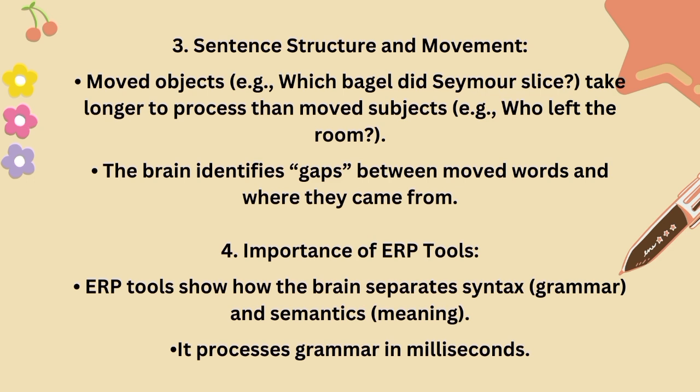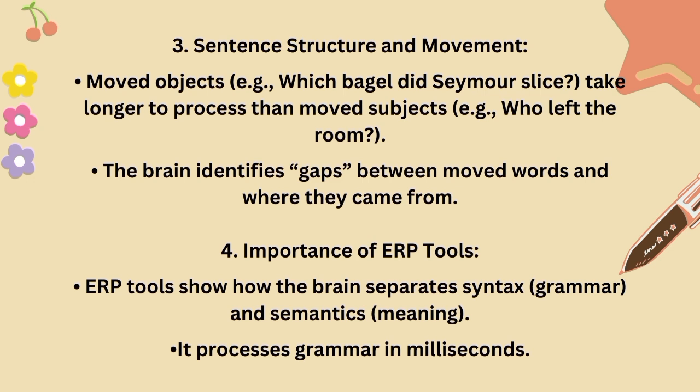Number 4, the last one, is the importance of ERP tools. ERP tools show how the brain separates syntax, or grammar, and semantics, or meaning. And it processes grammar in milliseconds.